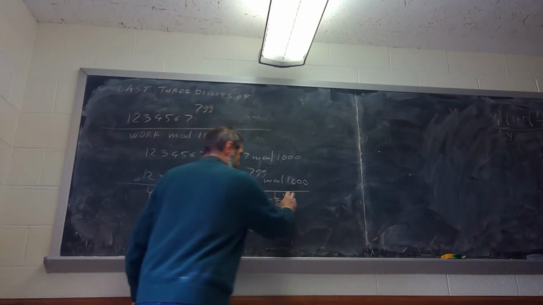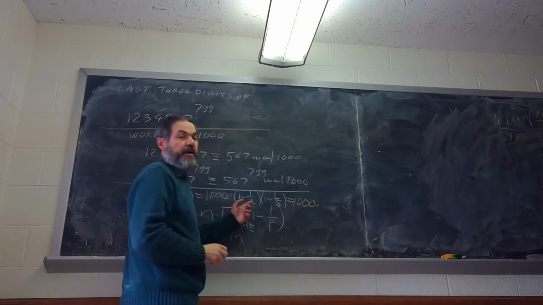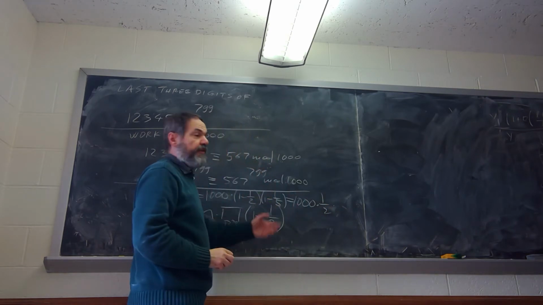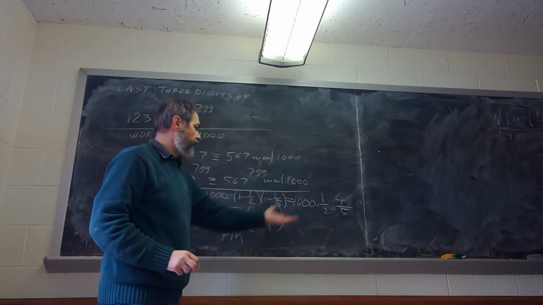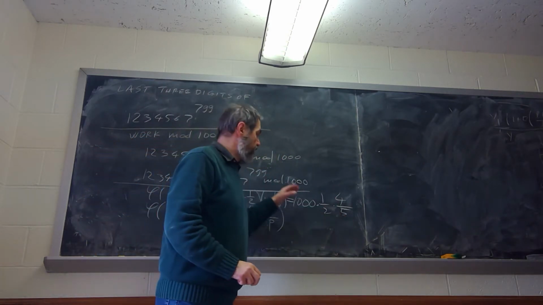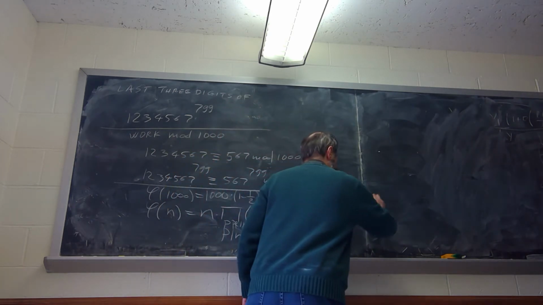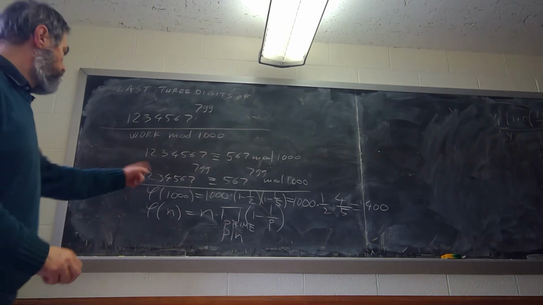And this is 1,000 times 1 minus a half, which is 1/2. 1 minus 1/5 is 4/5. When I multiply these numbers, 2 times 5 is 10, 1,000 divided by 10 is 100, times 4, 400. As we computed earlier and as we claimed. So this is 400.